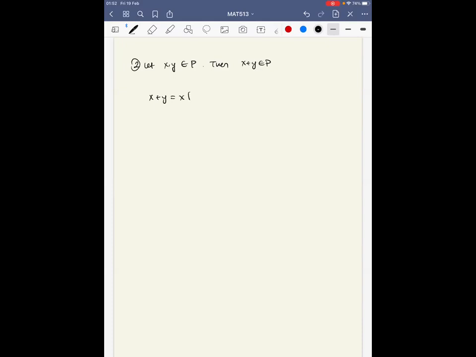Here I claim to see this summation, or it can be stated as the product of x and 1 plus y over x. It's enough to see that 1 plus y over x is in O, because from 1 we can say that it's in P.